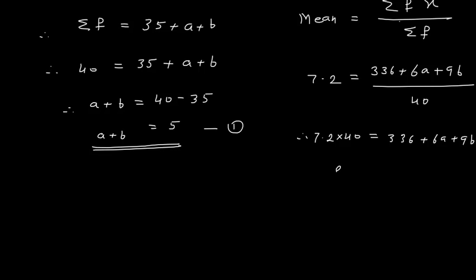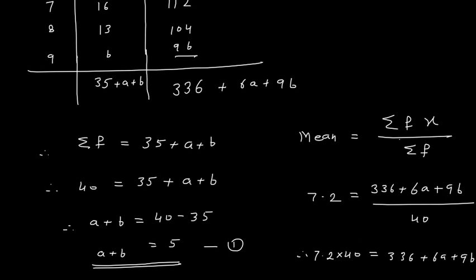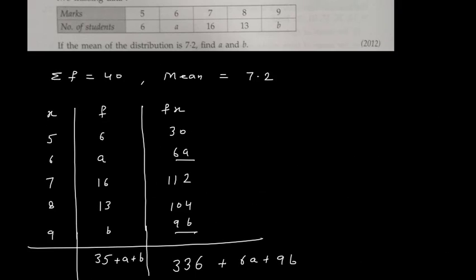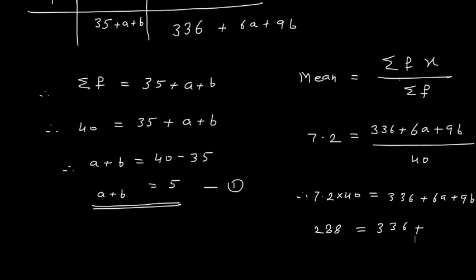So here 7.2 into 40 is the same as 72 into 4. So 4 eights are 32 and 4 sevens are 28. This is equal to 336. My mistake, I think this calculation 336 is not correct, because if the mean is 7.2 and this is 40, then 40 into 7 is near about 280, so this should be less than 288.